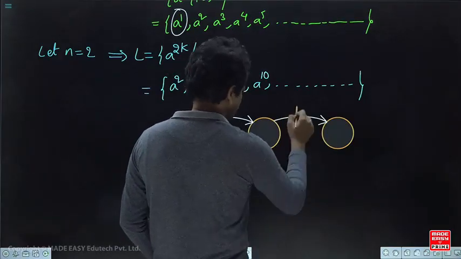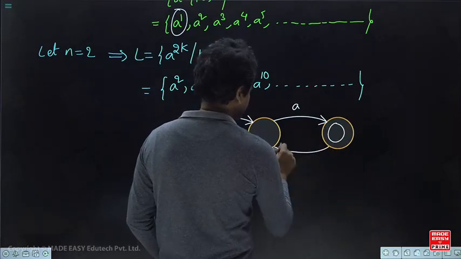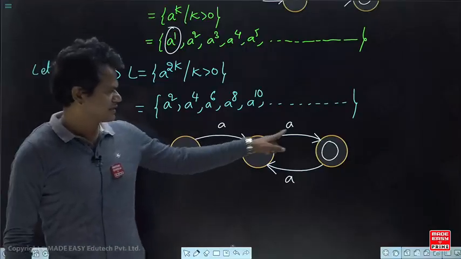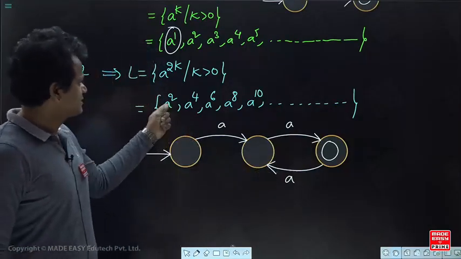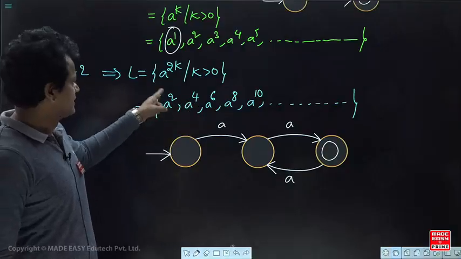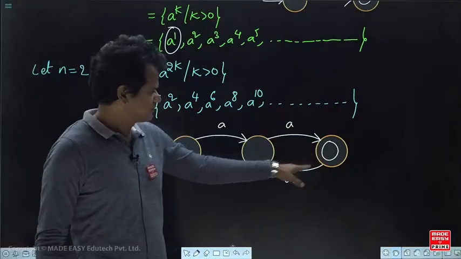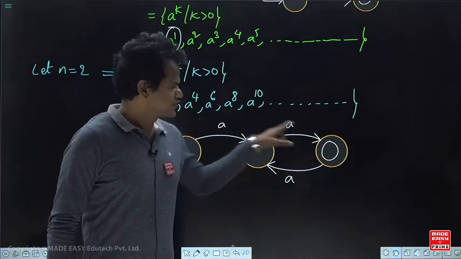So make it final, and third a comes back. Are you following? For first a we go to non-final, second a final, third a non-final, fourth a final. Why? Because the a's are even in number. Have you observed? A square: 1, 2, 3 a's no, 4 a's yes, 5 a's no, 6 a's yes, 7 a's no, 8, 10, 12 yes.